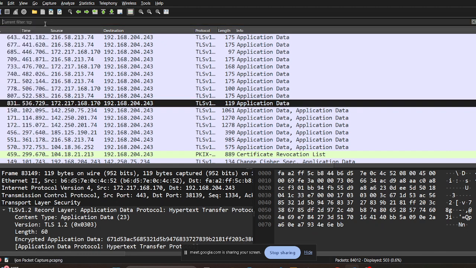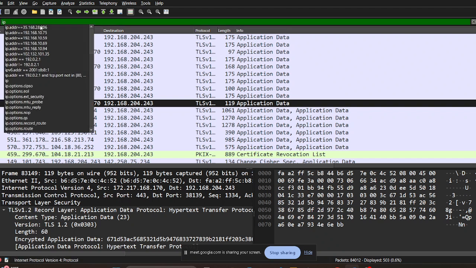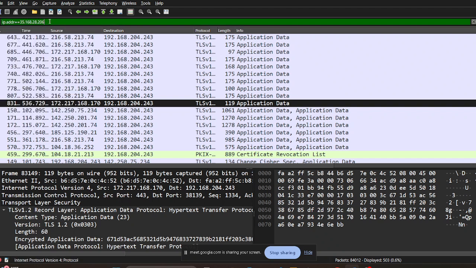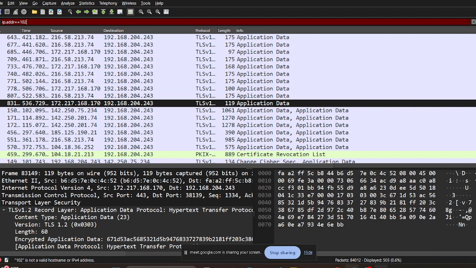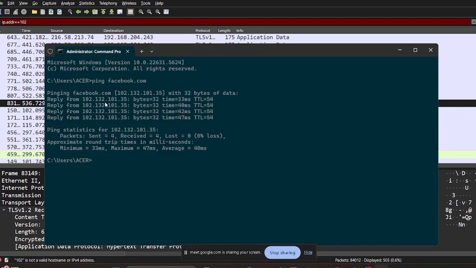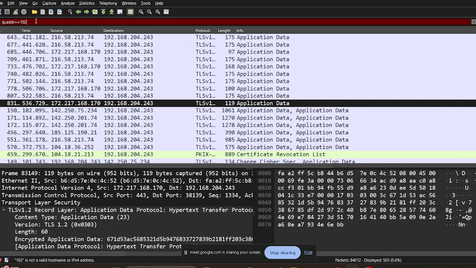So let me say IP address equals to 102. What's the IP address again? 102.132.101.35.